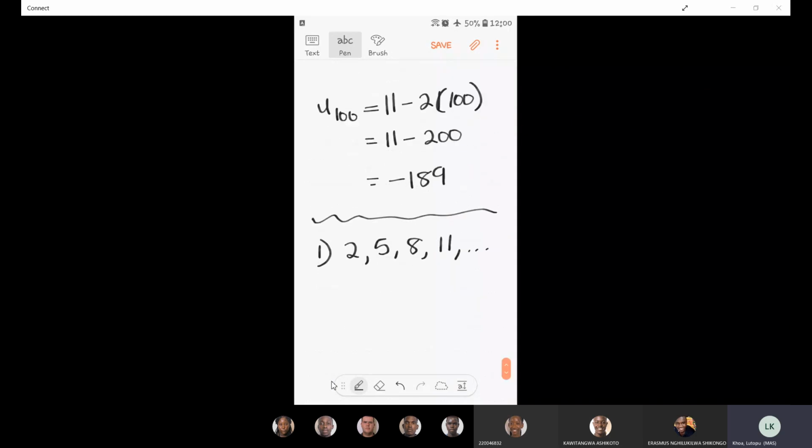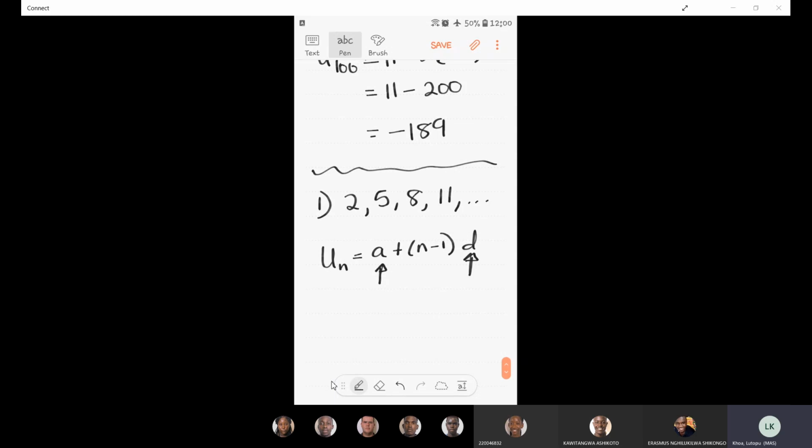So remember, in arithmetic progression, the general formula of un is a plus n minus 1 times d. So I just need to figure out what is a and then what is d, and substitute and then simplify my equation as far as possible.